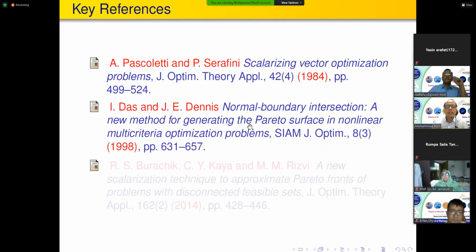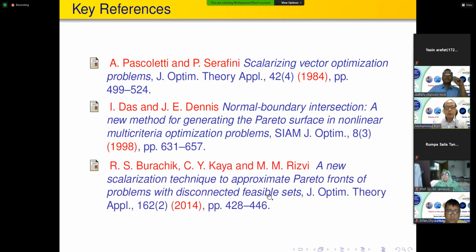One of the references is Pascoletti-Serafini, as I said, 1994, a paper in the Journal of Optimization Theory and Applications. Then Das and Dennis from SIAM journals, and we published a paper, not presented here, in a Journal of Optimization. Also, they included the result of this scalarization approach. That's why I included this reference.